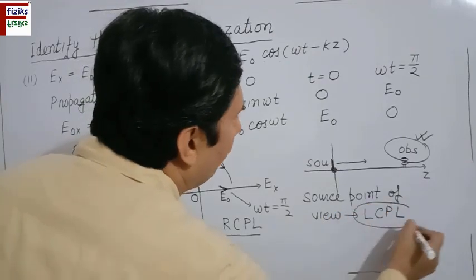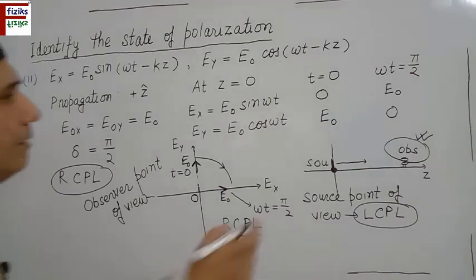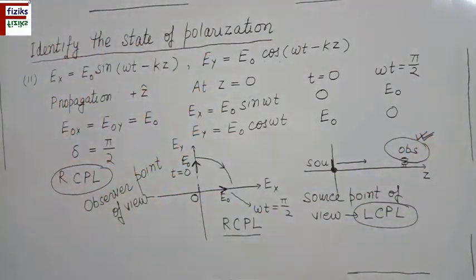So for the two points of view, you will find opposite results. But every time we will consider whatever polarization is observed by the observer standing at a large distance on the positive z-axis. So in answers, we will take the option corresponding to the observer point of view. Here we have two methods to observe the polarization of the given light.